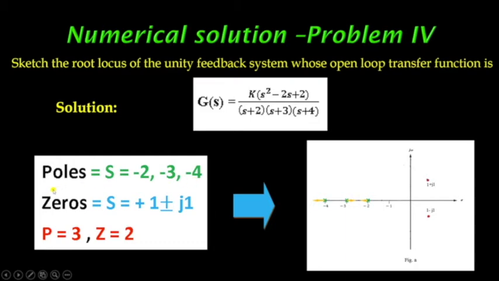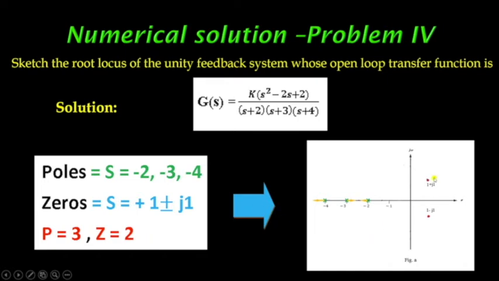So number of poles are 3. If numerator equal to 0, that means s square minus 2s plus 2 equal to 0, then we get two complex roots, that means 1 plus minus j1. So number of zeros are 2.